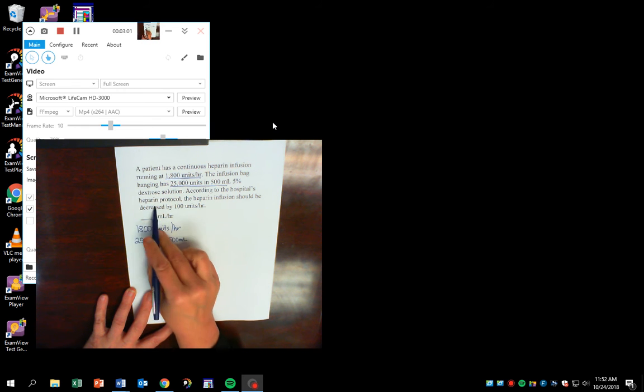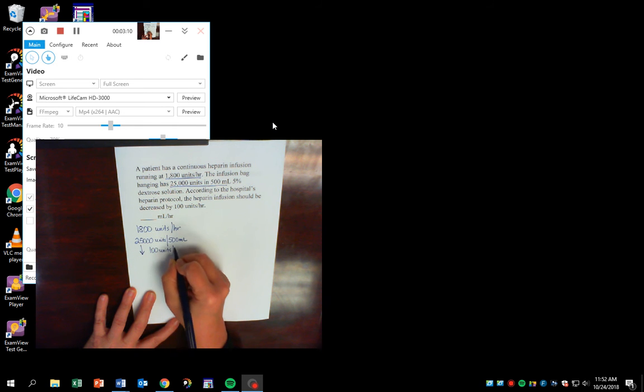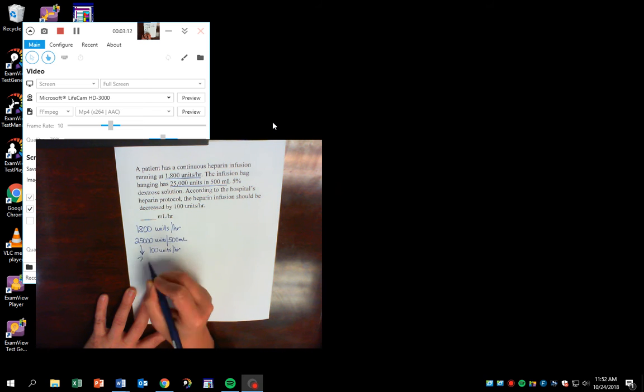According to the hospital's heparin protocol, the heparin infusion should be decreased by 100 units an hour. And we want to know the new milliliters per hour.